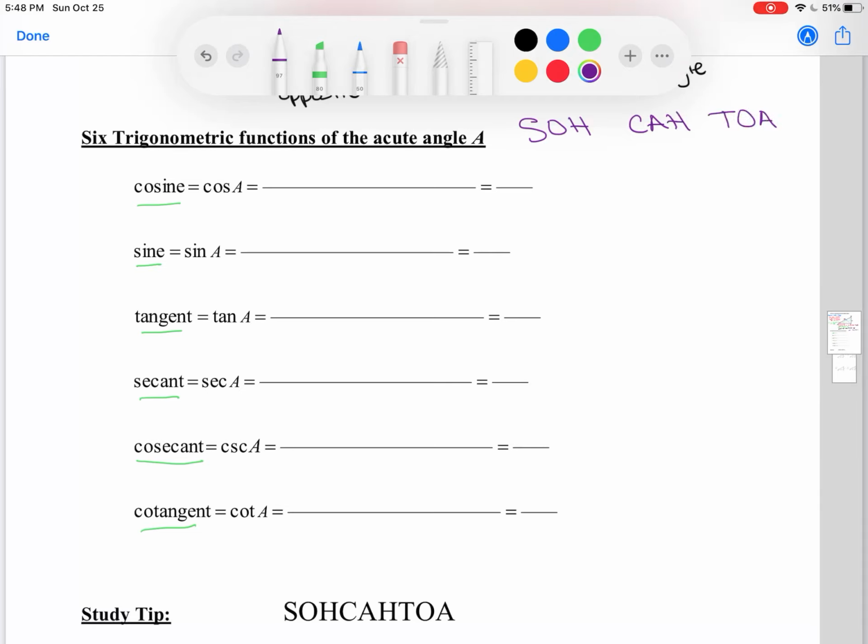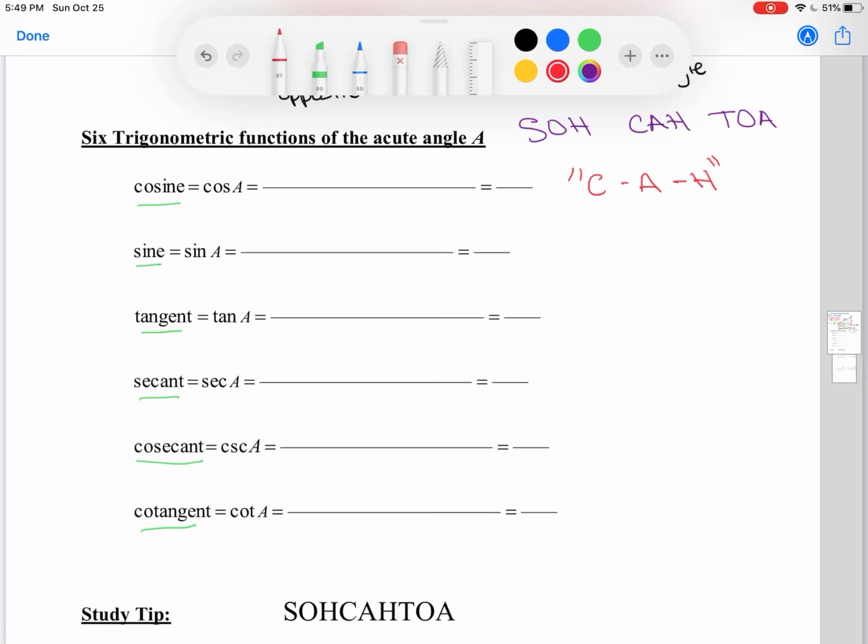To get started, we have cosine. And if you remember from geometry, you had what was called SOHCAHTOA. It's the same exact thing that we're going to be doing today. SOH went with sine, CAH went with cosine, and TOA went with tangent.